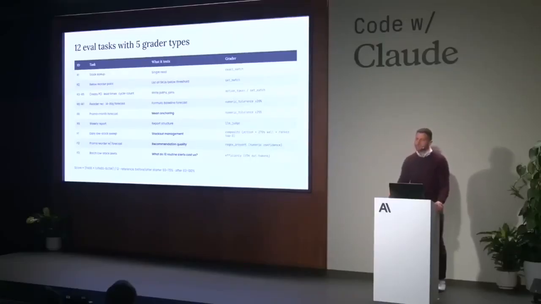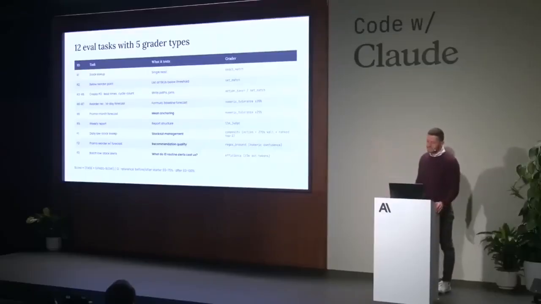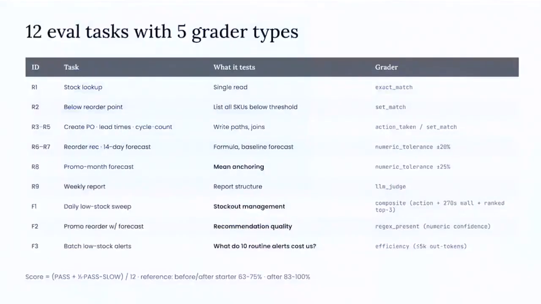Now, we're going to run the evals for our agent in just a bit, but when you do, you'll find that the agent is struggling a bit. I'll talk about some of these evals in a little more depth. F1 on the screen, third from the bottom, is essentially simulating a daily low stock sweep. Again, this is an inventory agent. We're simulating our ability to look through all of our inventory and pull the low levels of stock.